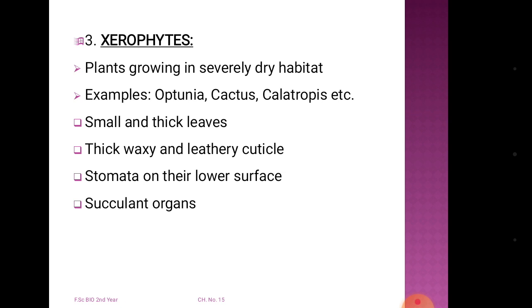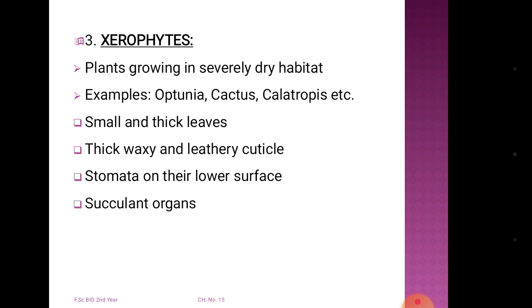That cuticle prevents the loss of water and retains water inside the plant. The surface area of the leaf is very small, so hardly any transpiration takes place. A very negligible amount of water will be lost. To adapt to such a drastic condition, they have a waxy cuticle so that they can survive in a tough condition.